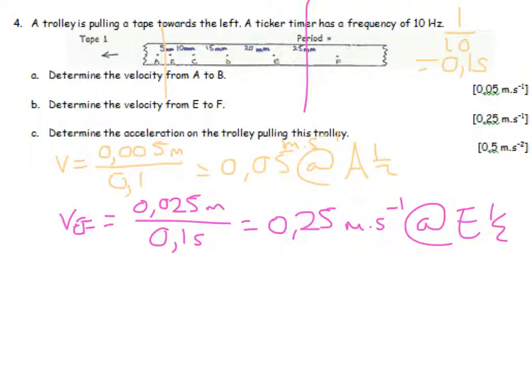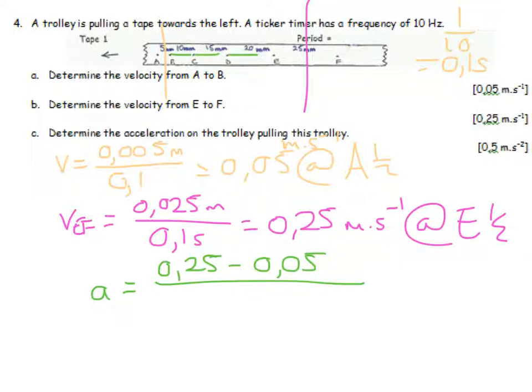So I've got A.5 and E.5. Now I need to get the acceleration. Final velocity minus initial velocity divided by the time. How many time spaces are there? 1, 2, 3 and a half, so it's a total of 4 spaces. So it's 4 times 0,1, which turns out to be 0,5 meters per second squared.